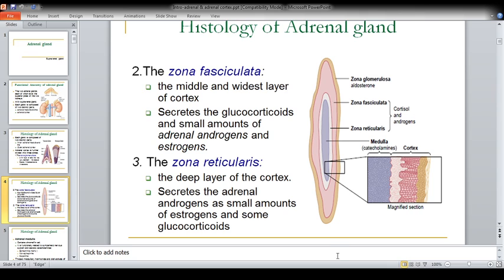This zone is the deepest layer of the cortex, and it secretes adrenal androgens and small amounts of estrogen and some glucocorticoids. So glucocorticoids and androgens are released by both zona fasciculata and reticulosa, but the major contributor to the glucocorticoids is the zona fasciculata, whereas major production of the adrenal androgens takes place in the zona reticularis.